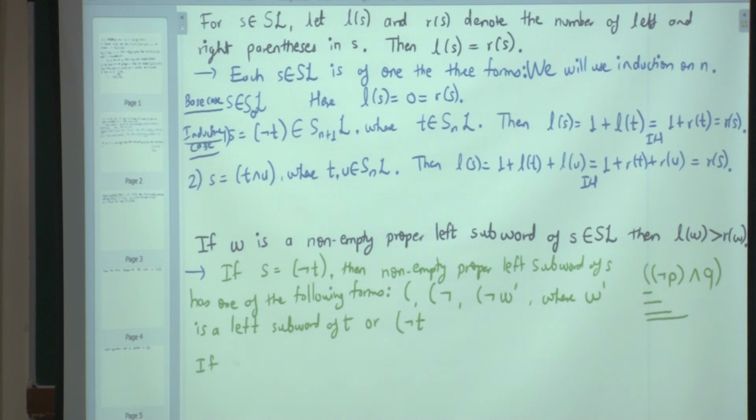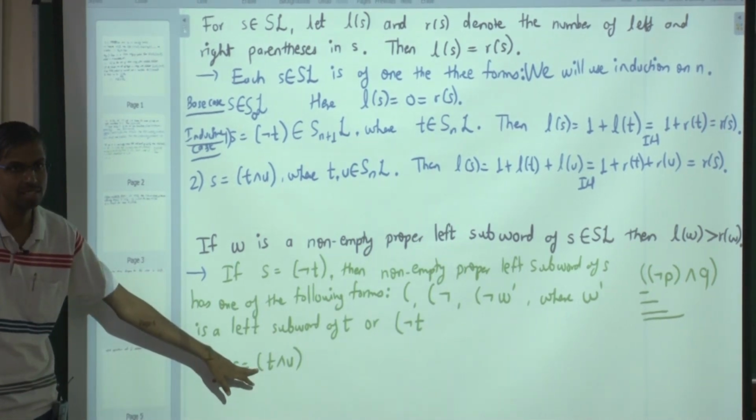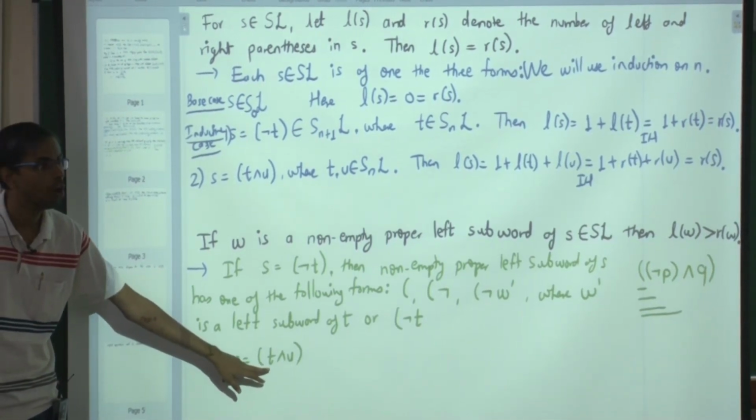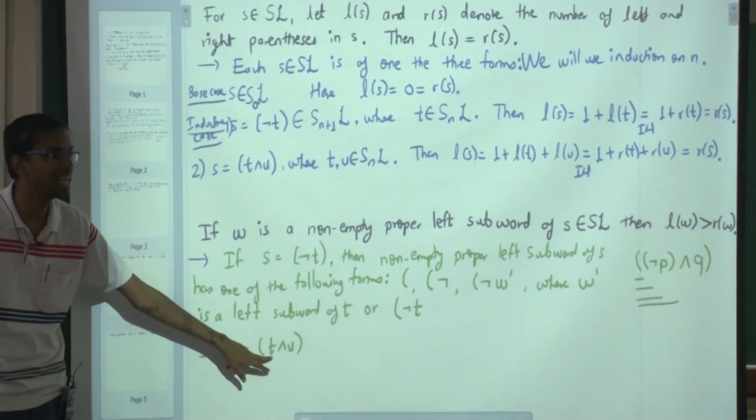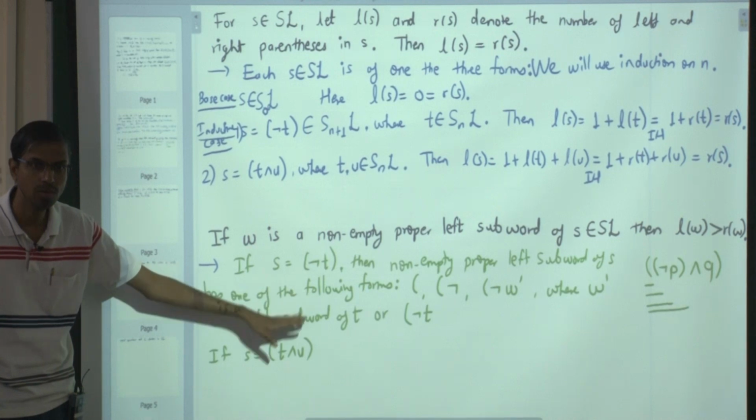Okay, can you do the second part as well? If S is equal to T conjunction U, then what are the forms? Either it can be just this open parenthesis, or it can be the open parenthesis followed by some left subword of T, in which case we know what to do.